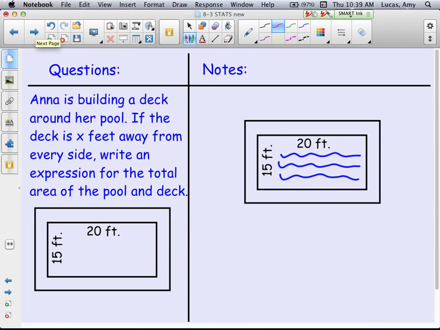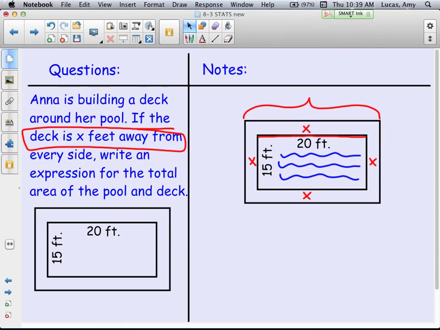So if the deck is x feet away from every side of the pool, that means x feet on each side. So here's the question that I have for you. How long is the pool plus the deck? So we know that it's 20 feet right here, but then we've got this x on each side of it.